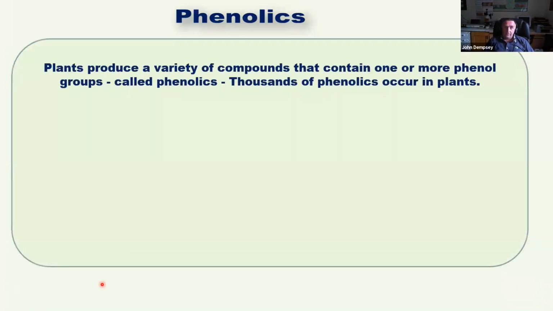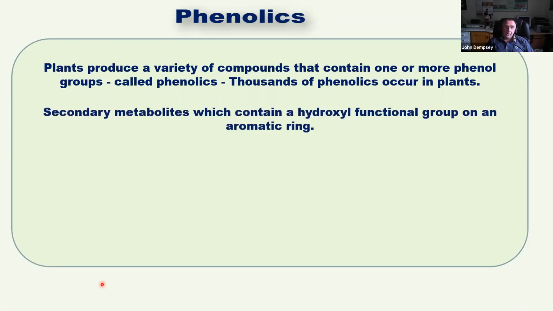And what exactly are these phenolics? Well, plants produce thousands of various types of phenolic compounds. They're secondary metabolites. In other words, the main metabolites in plants are those produced during normal growth and reproduction, while secondary metabolites are produced in times of stress or as a response to various problems.